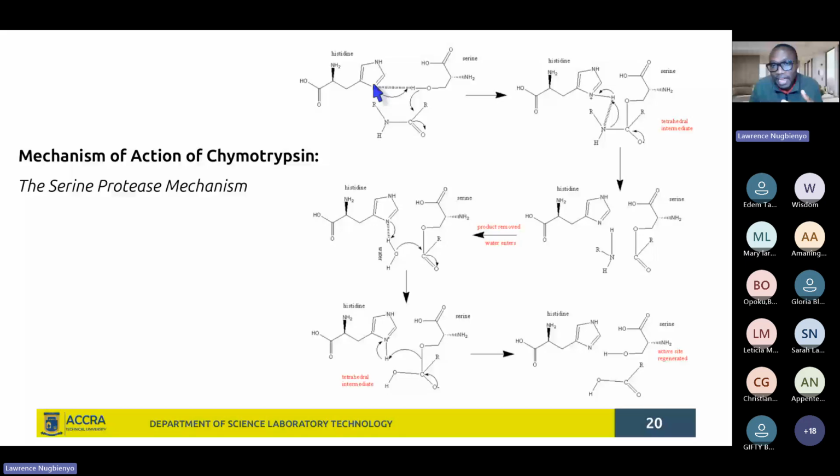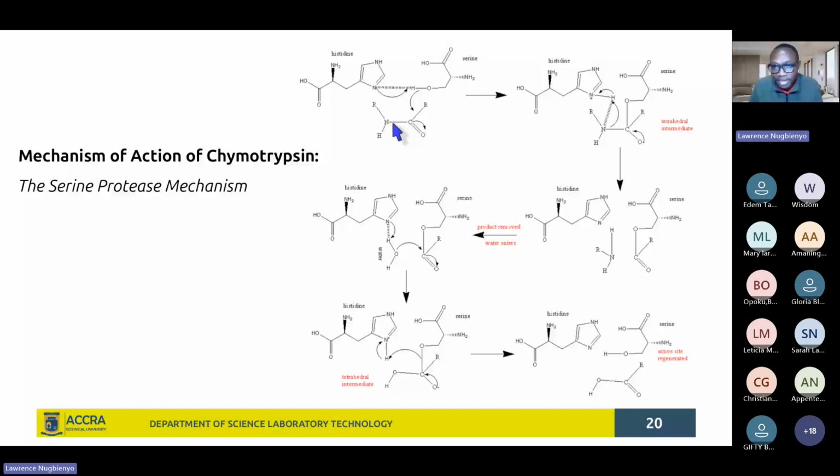The substrate, again, is shown here. That's a protein. The peptide bond is between the carbon and the nitrogen. The rest of the peptide chain is shown with R. So this is the bond that is to be broken, the bond between the nitrogen and the carbon.